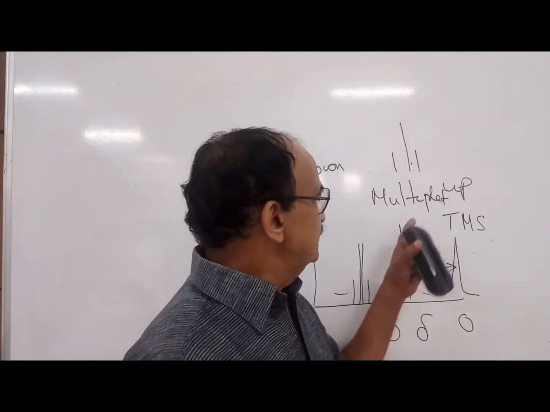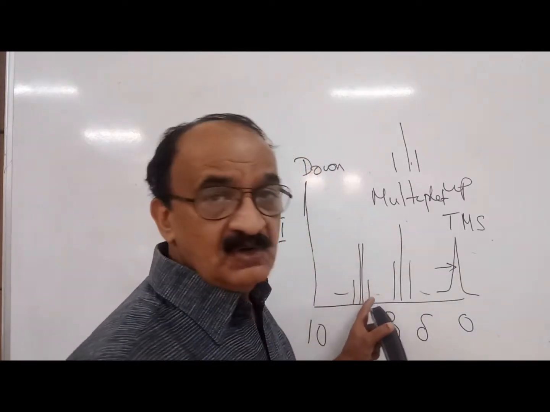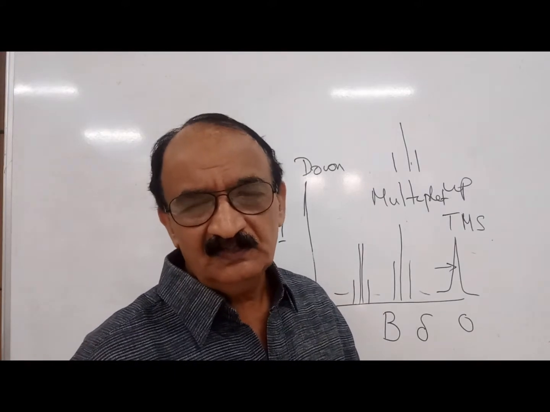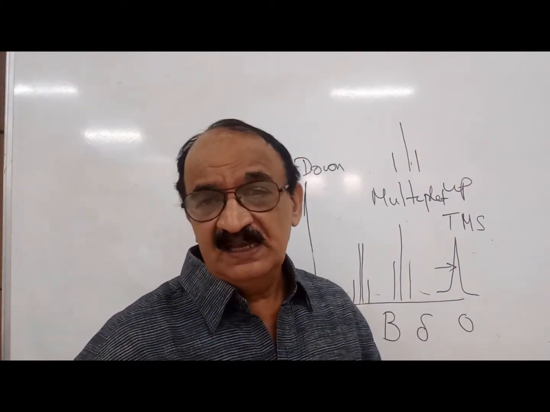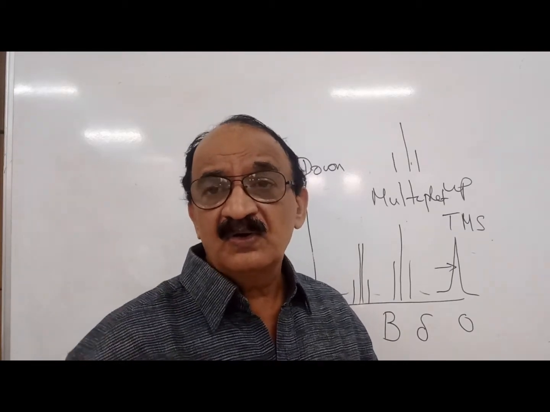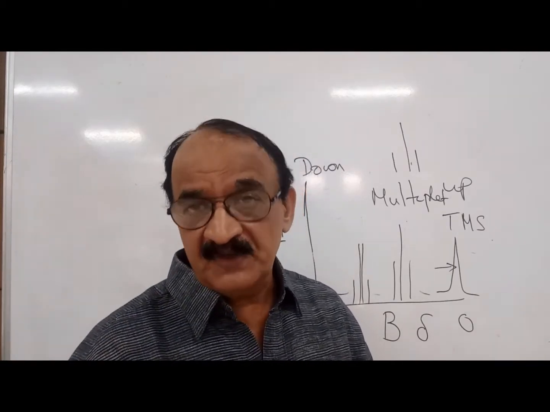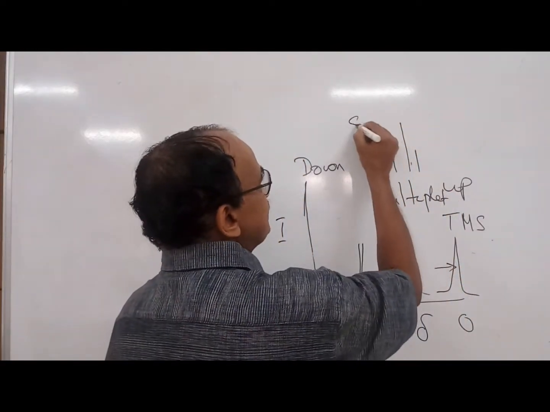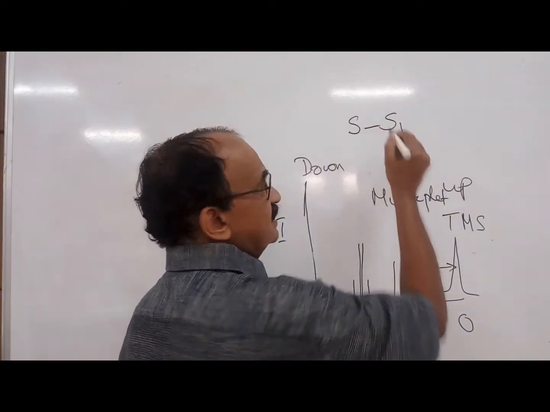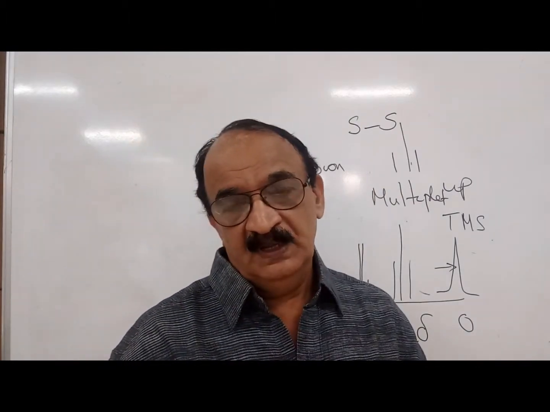So this is known as formation of multiplet. Why can we see the multiplet structure in higher resolution or in a higher applied magnetic field? The reason is SS interaction or spin-spin interaction.